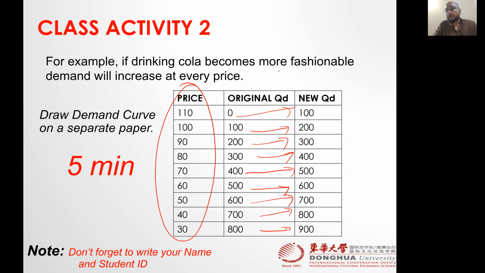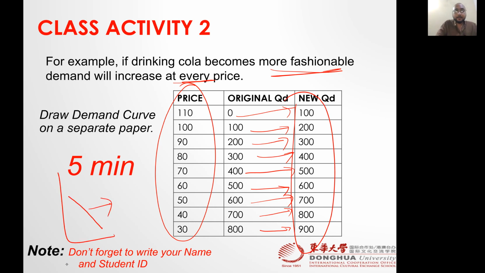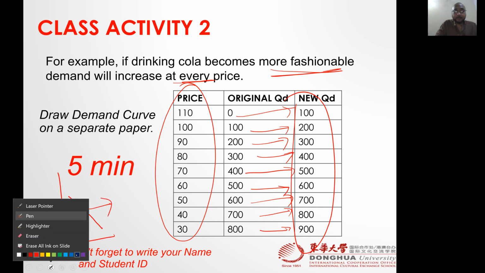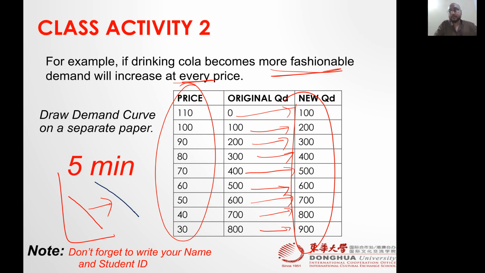Drinking cola becomes more fashionable, demand will increase at every price level. Price remains the same, so you see it is an increase. Increase means shift to the right. So everybody confirm that it's a new demand curve. The old demand curve is here, and D dash is the new demand curve, right? It should be like this, right?